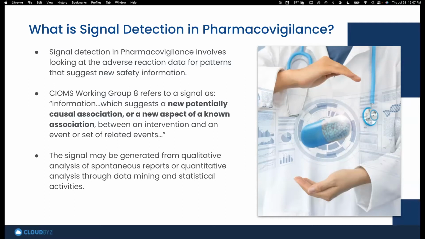The CIOMS working group refers to a signal, somewhat legalistically, as information that suggests a new potential causal association, or new aspect of a known association, between an intervention and an event or a set of events.